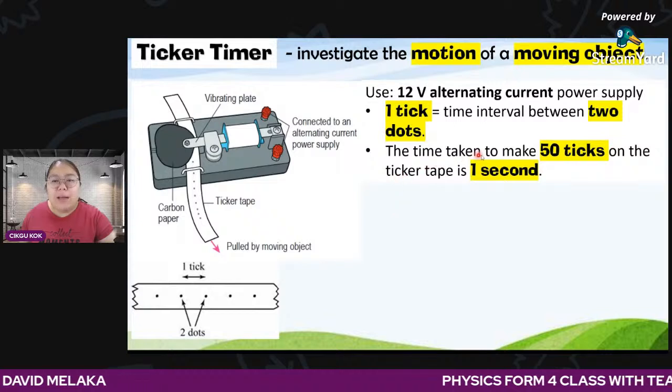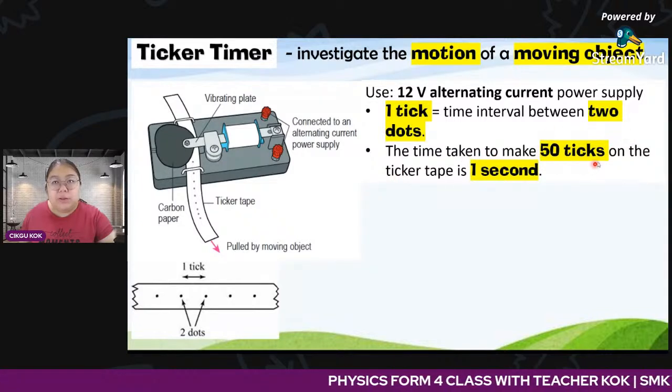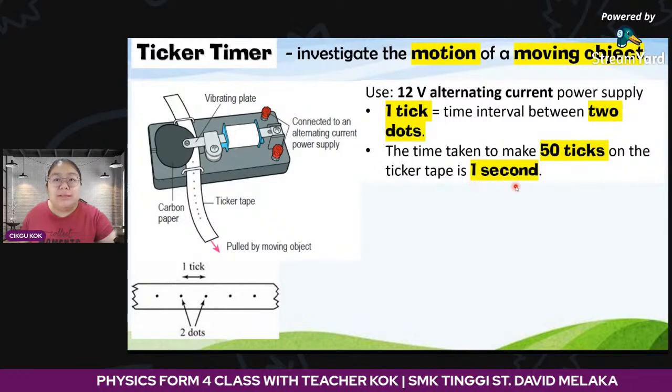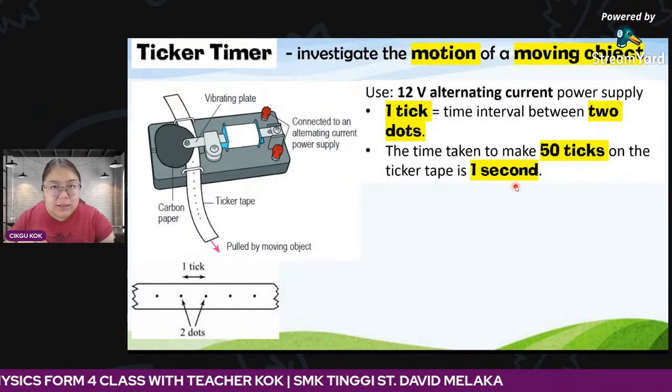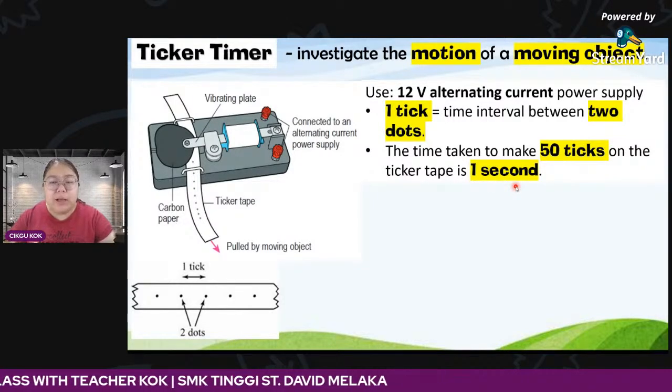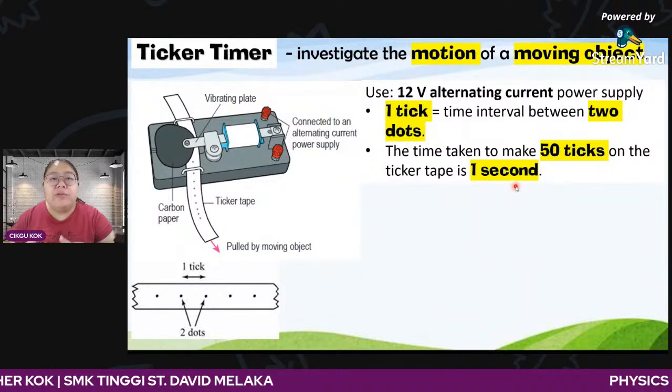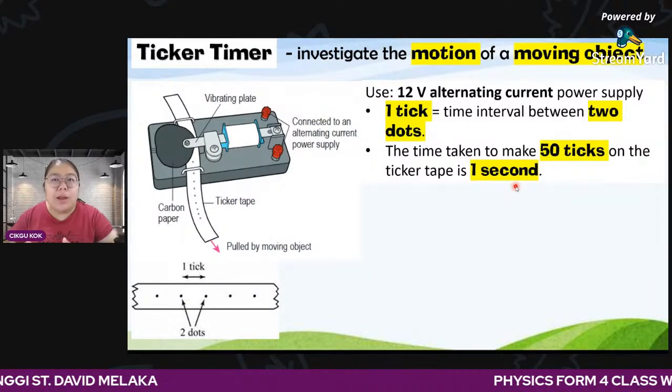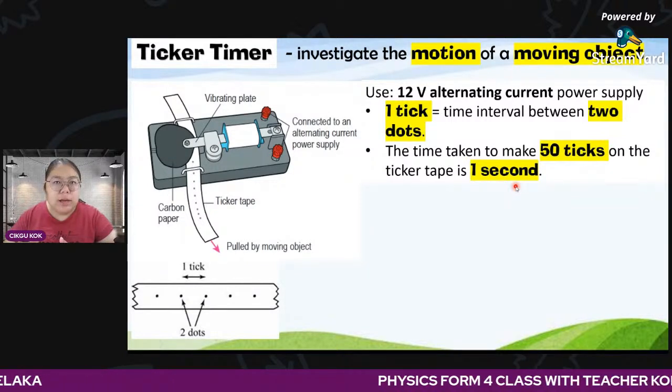Now, the time taken to make 50 ticks on the ticker tape is 1 second. That means in 1 second, the vibration can make 50 ticks. 50 ticks actually has how many dots? Anybody can answer me?